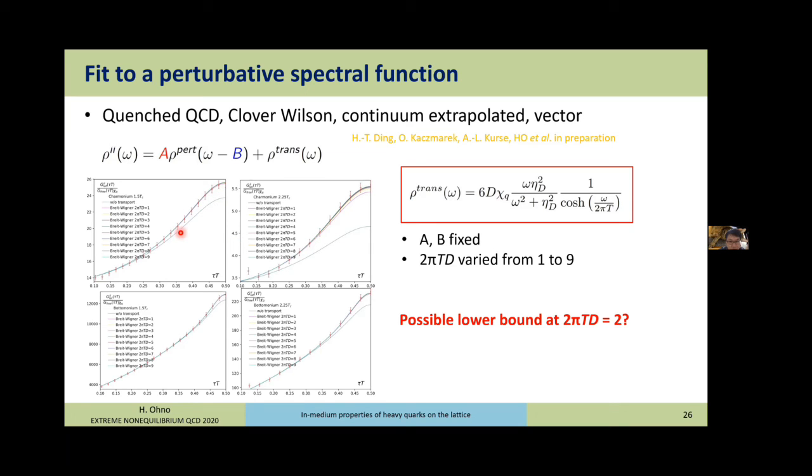That means there might be some lower bound of this diffusion coefficient, that might be 2 or something. So at least this one cannot describe 2πTD equal to 1. It cannot describe some lattice data here. But anyway, maybe we need a further check to confirm this kind of calculation.